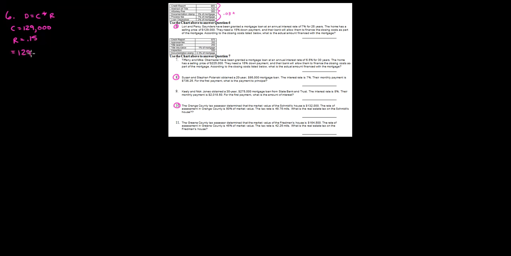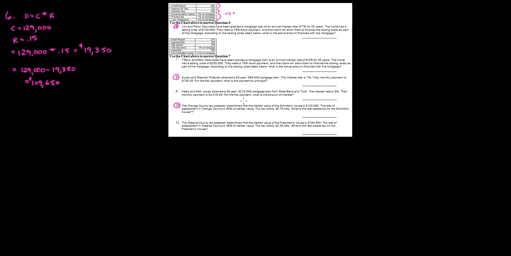So I'm going to go 129 times 0.15, and you'll see that it gives me a down payment of $19,350. And then to find the loan amount, remember, we take the cost of the item and we subtract the down payment. And so that tells me that the loan amount here is going to be $109,650.